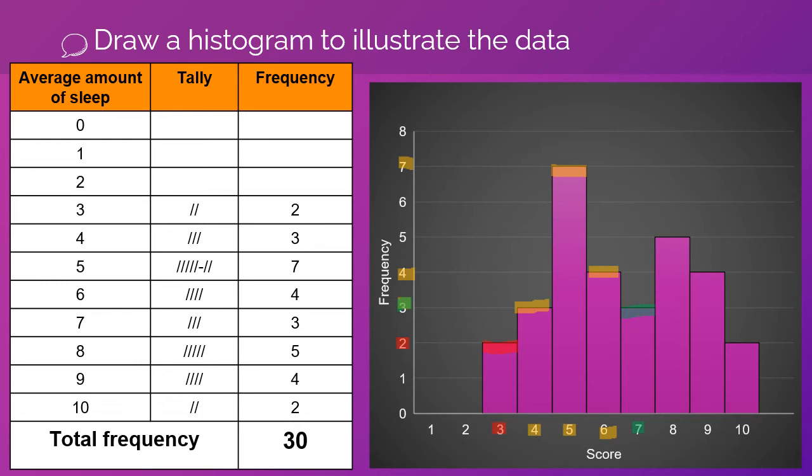The next, score of 8, frequency of 5. Next, score of 9, frequency of 4. And next, score of 10, frequency of 2.